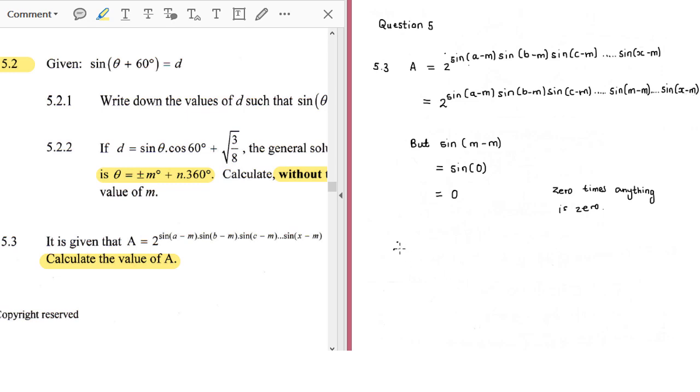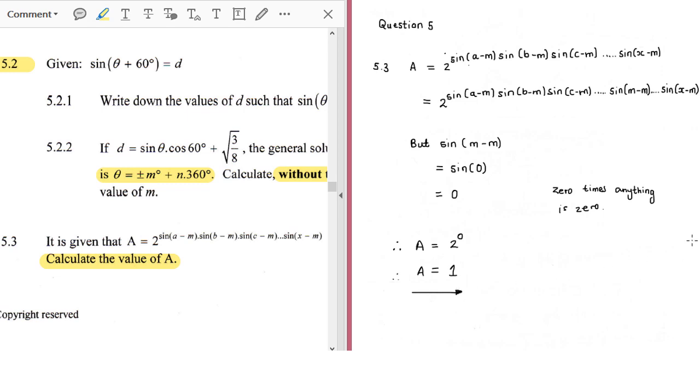So then we'll conclude and say therefore a is equal to 2 to the exponent of 0. Now this is exponential laws: any base to an exponent of 0 is always equal to 1. So therefore a has a value of 1.